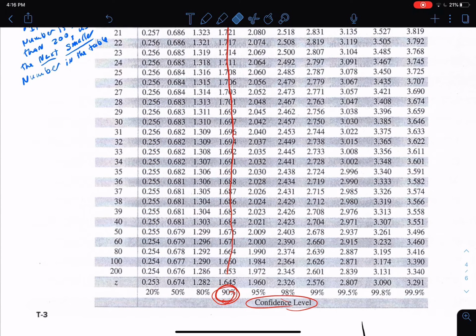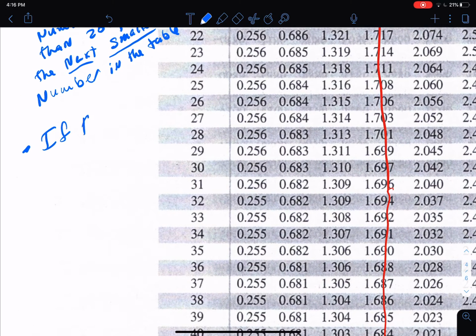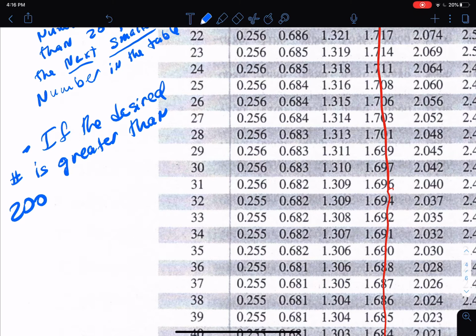Okay, and then we also want to say something about if the desired number is greater than 200, just use the z-values.